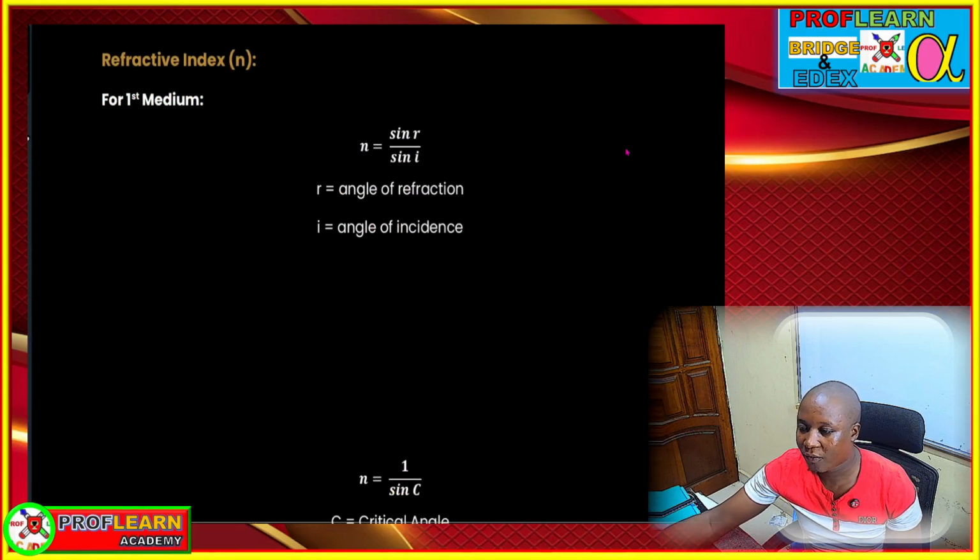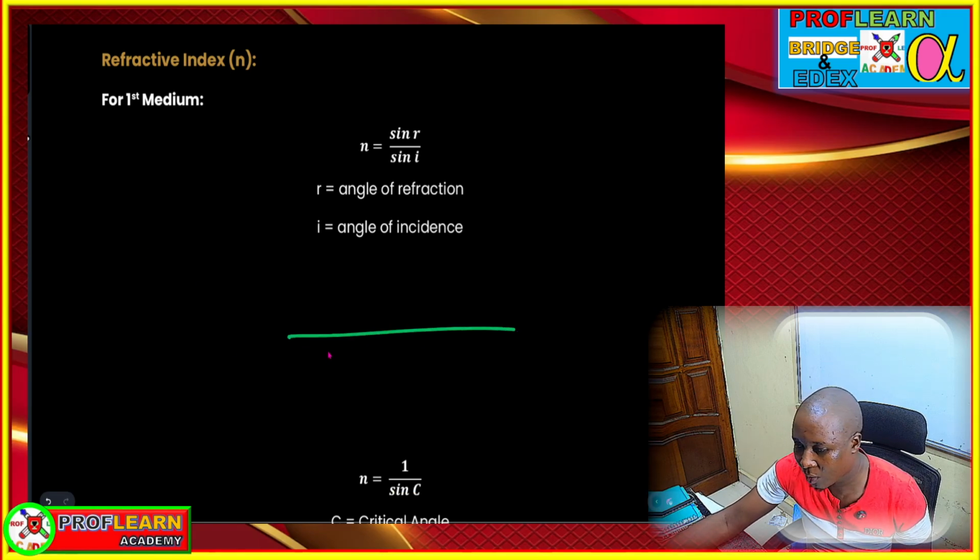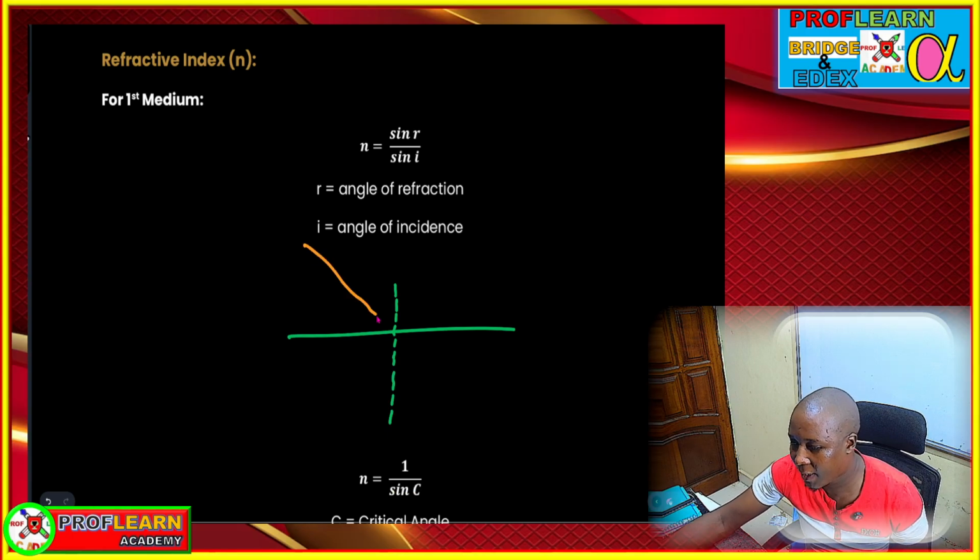The refractive index of a material is sin i over sin r. For instance, if we are talking of light moving from air into glass, this is air and this is glass.